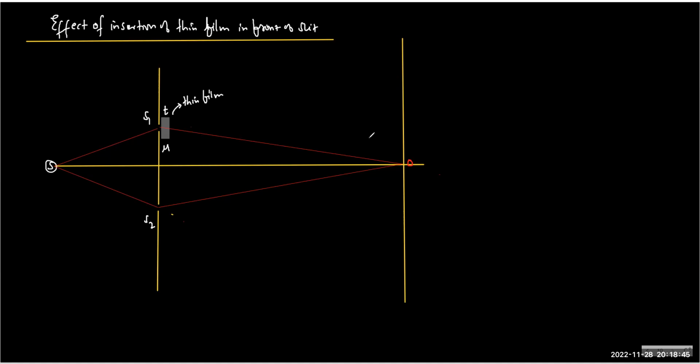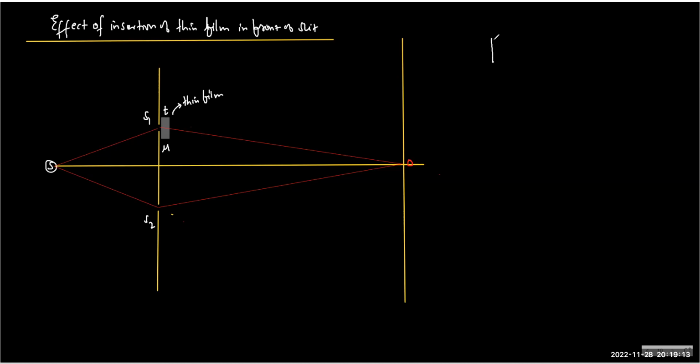From S1. It means optically the S1 path is bigger than S2. Yes, sir. So the obvious question is, how big is that? I would like to know what extra difference you create, because geometrically we don't see a path difference, but optically there is a difference. I would like to know the extra length it creates.